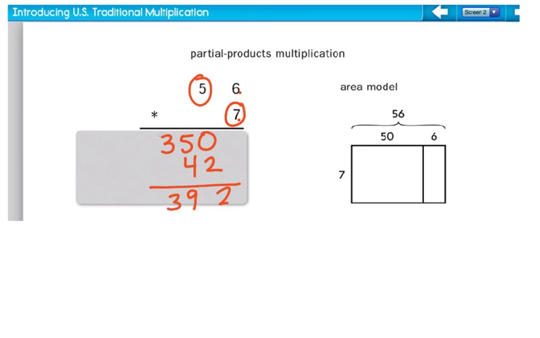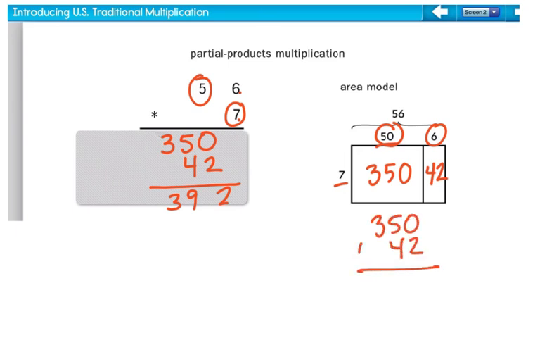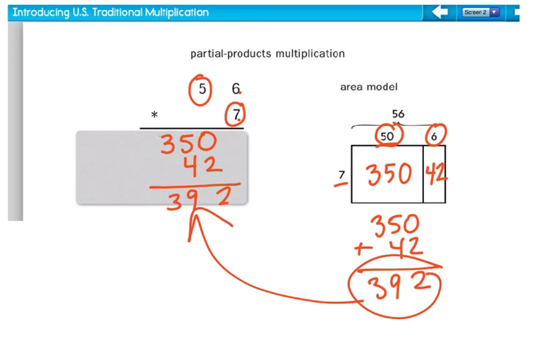The area model, or what we called it in 4th grade, is we called it partitioning rectangles. We look at the 56 as a value of 50 plus 6. 7 times 5 is 35 with 1 zero, and we extend that fact. And 7 times 6 is 42. It looks very similar to the one on the left here called partial products. But just remember, you get to the same solution.